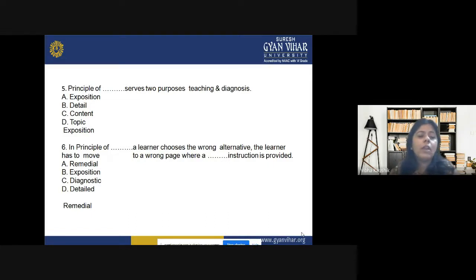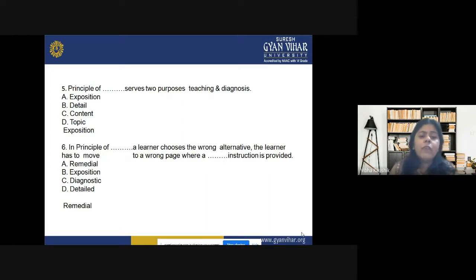Now the sixth one: in principle of dash, a learner chooses the wrong alternative, means the learner has selected the wrong answer. The learner has to move to a wrong page where a dash instruction is provided.